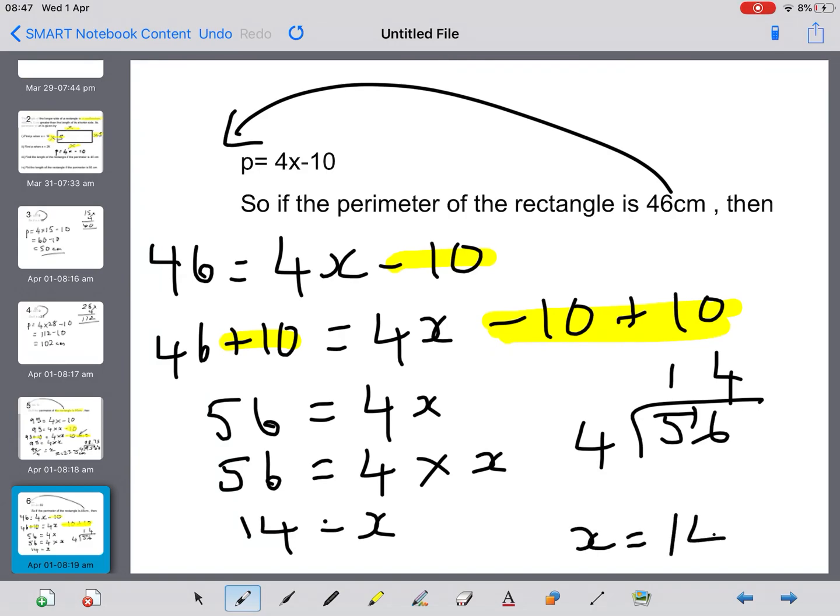So x equals 14 centimetres. I think those came out in the wrong order when I went through them, but I'm sure you worked that out. Okay, again, if you're struggling with anything, just pause the video and have another look.